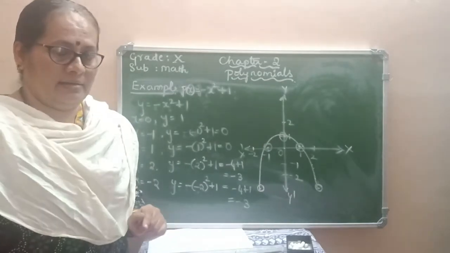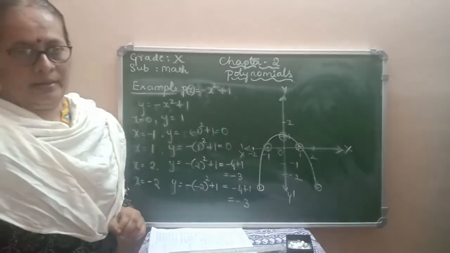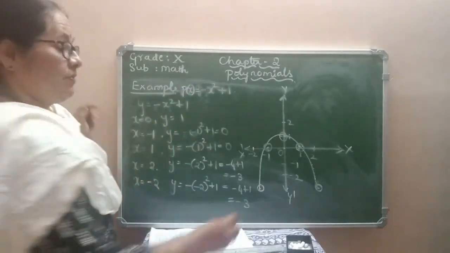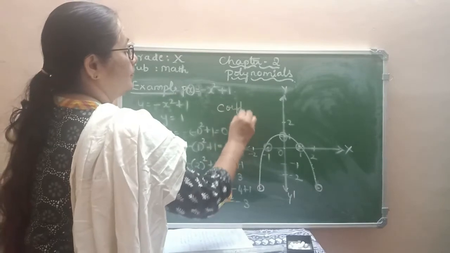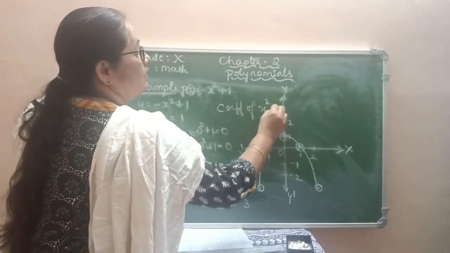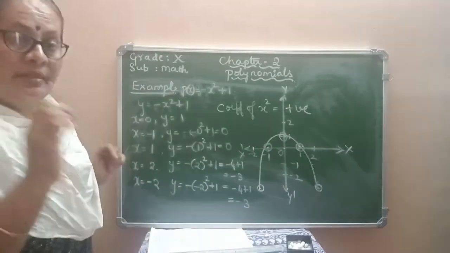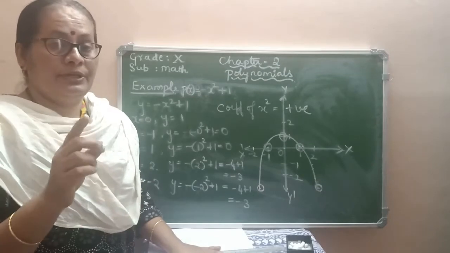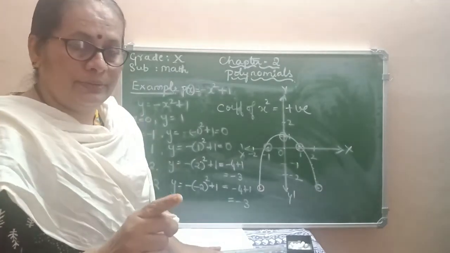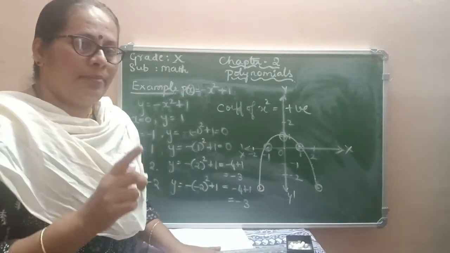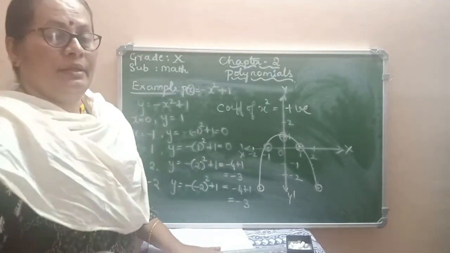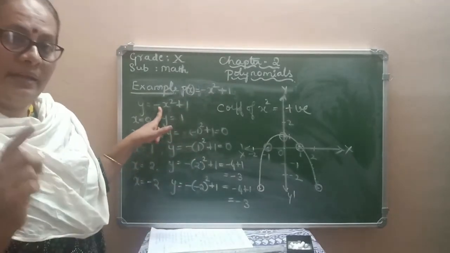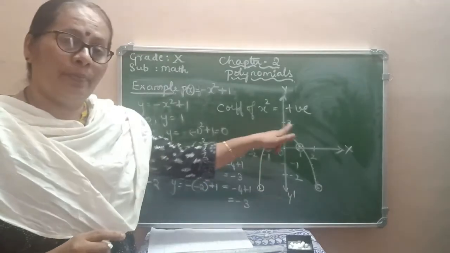It means that in a quadratic polynomial, if the coefficient of x square is positive, then we get parabola open upward. When the coefficient of x square is negative, then we get parabola open downward.